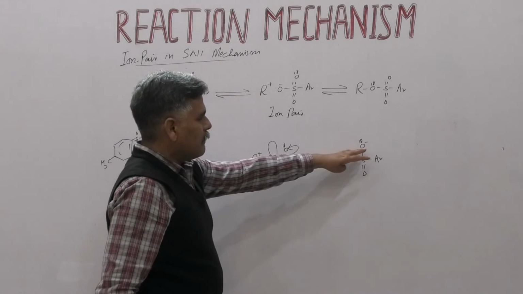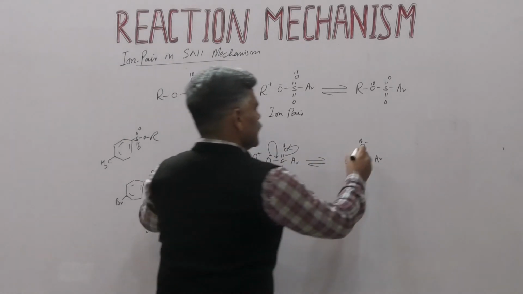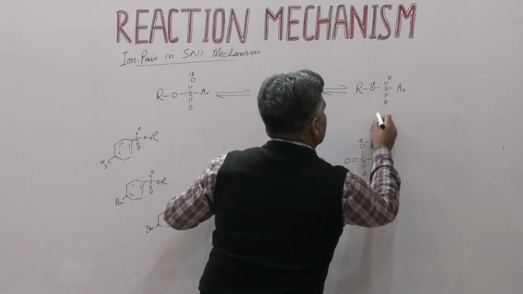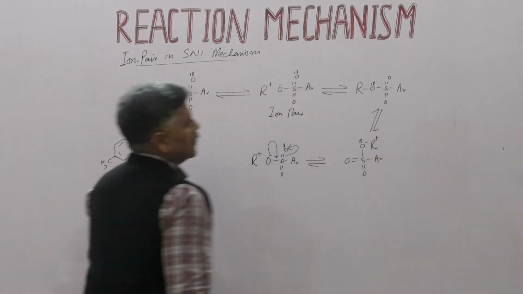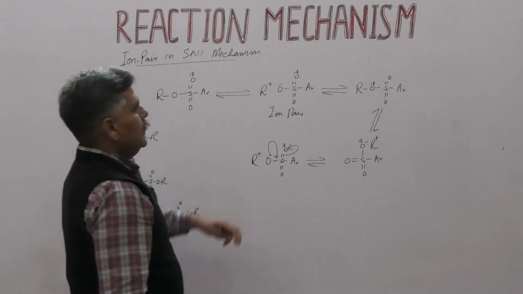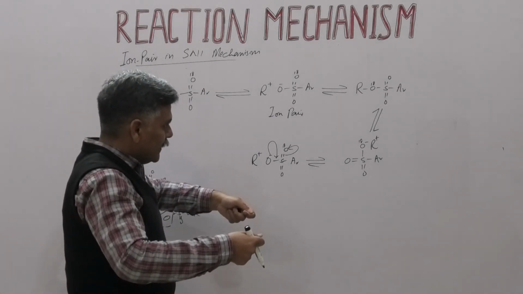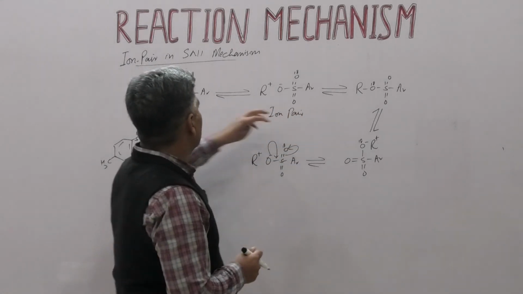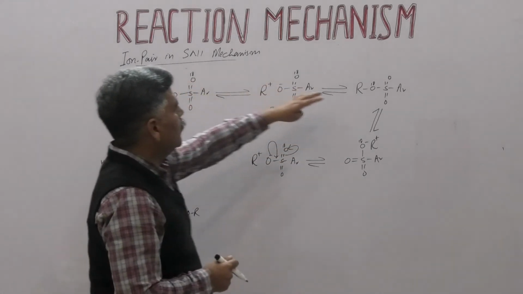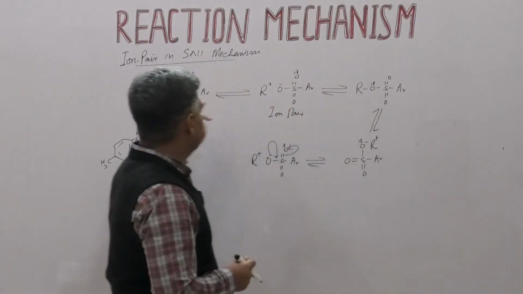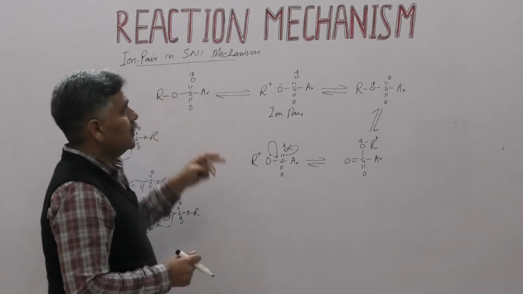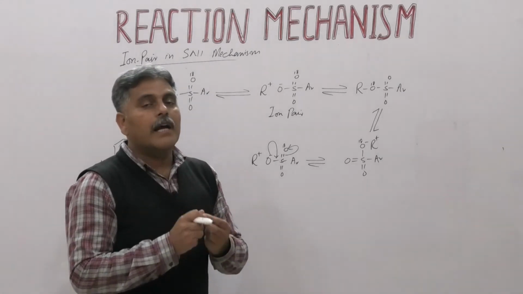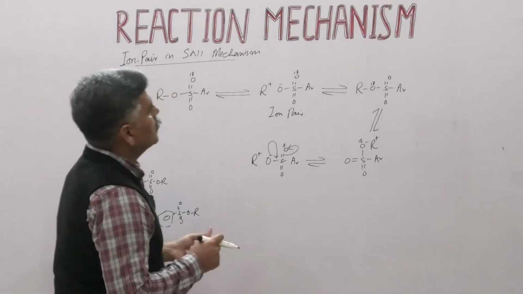If this type of situation is found when R is attached here, then it can be converted into this one. This is known as internal scrambling. This internal scrambling, and attachment of R with the labeled oxygen, which in the starting material was not attached with labeled oxygen, is also evidence for the presence of ion pair in SN1 mechanism.